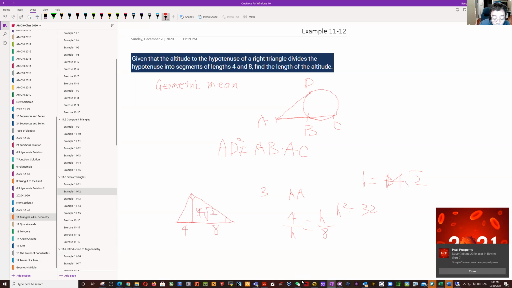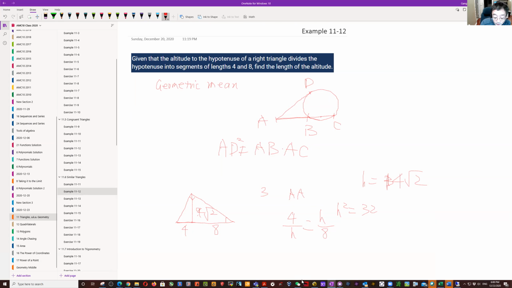But it's actually a very simple way to construct a geometric mean. For example, if you have two line segments, one way is to draw a tangent, another way is to draw a right triangle.